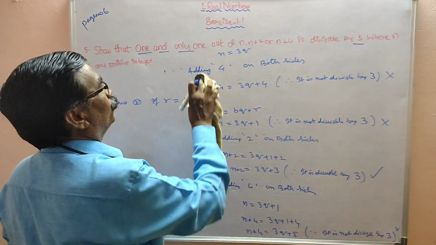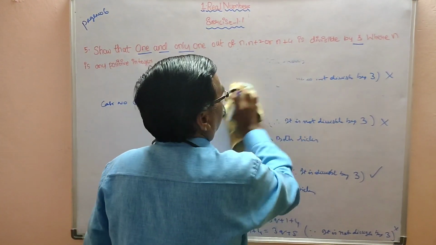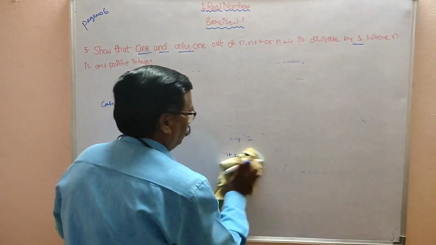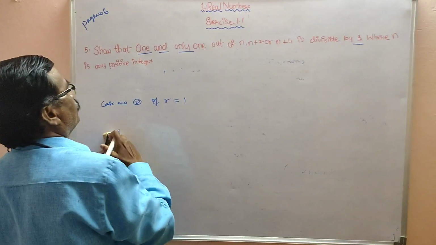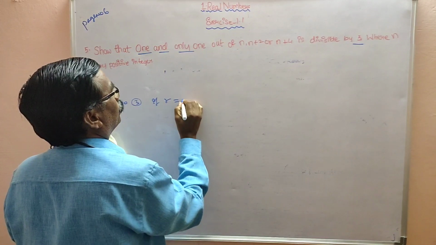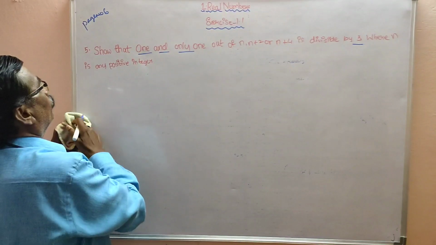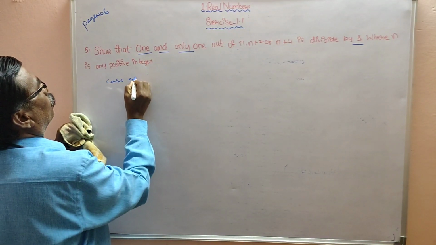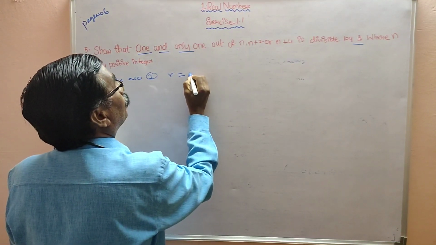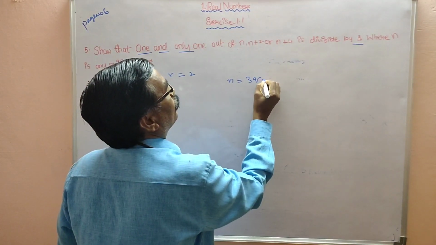r equal to 2. So case number 3, r equal to 2. The first equation is what? n equal to 3q plus r.